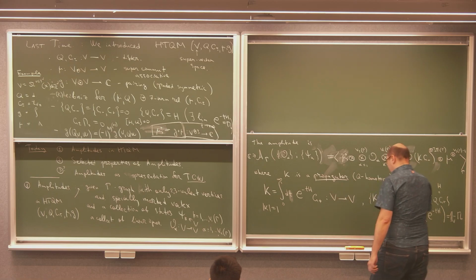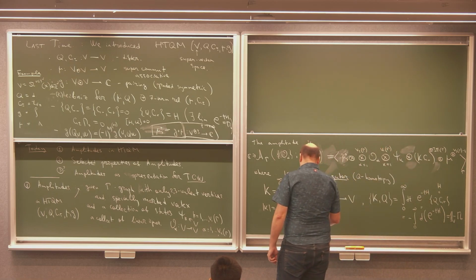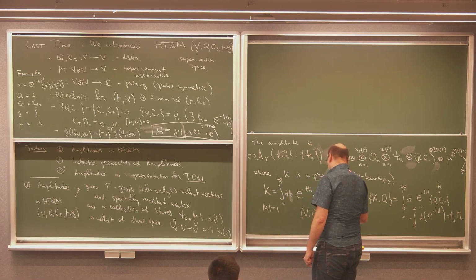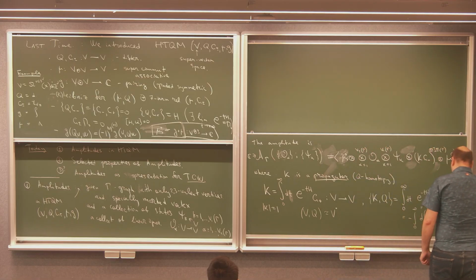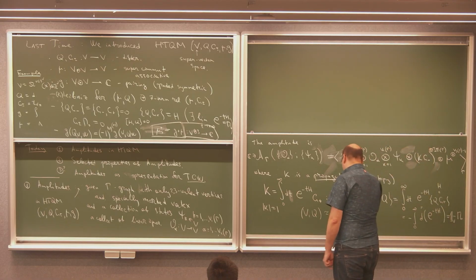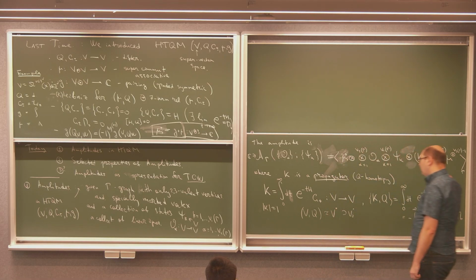So we have a vector space V and Q, which defines a complex with Q as a differential, and then we can imagine having a subcomplex which is constructed from V0.